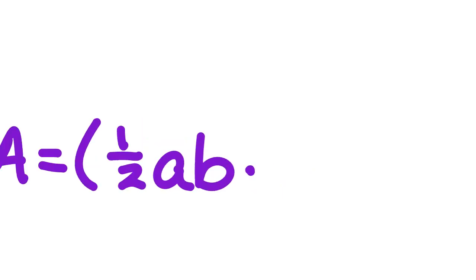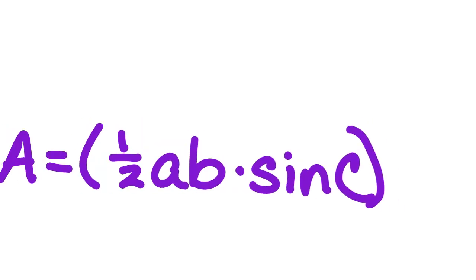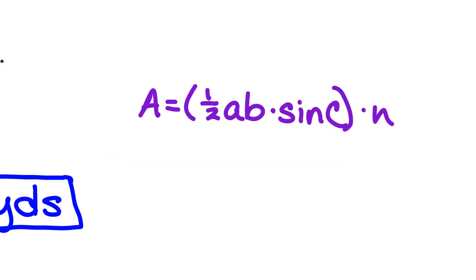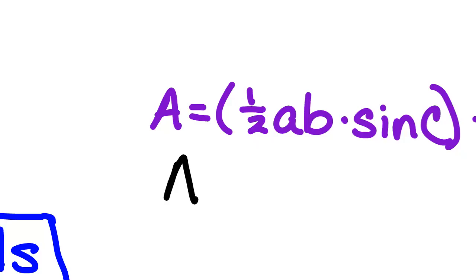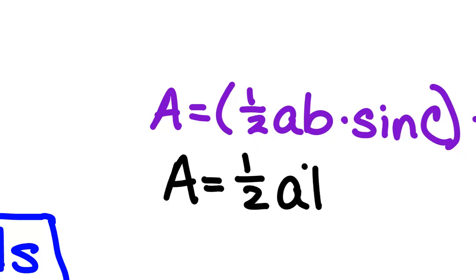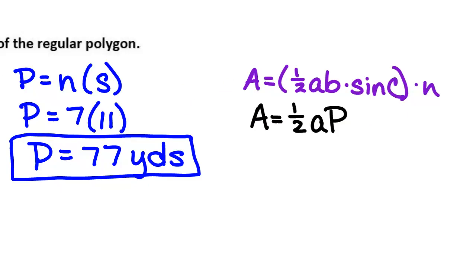We can decide here since we don't have a radius or an apothem. So we can use 1/2 AB sine C times N, like we've been practicing with, or the other area formula that we had, area equals 1/2 apothem times perimeter. We know the perimeter, so that might be an easy one to use.